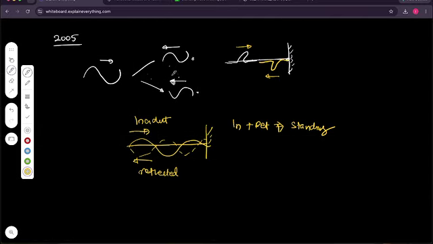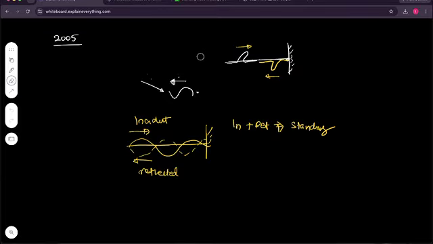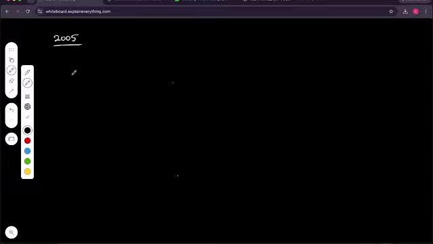Standing waves can happen in longitudinal waves and transverse waves. When it comes to this stretched string, we will have only transverse waves, but standing waves are common for both longitudinal and transverse waves.